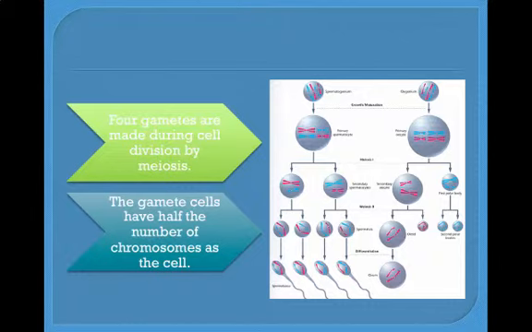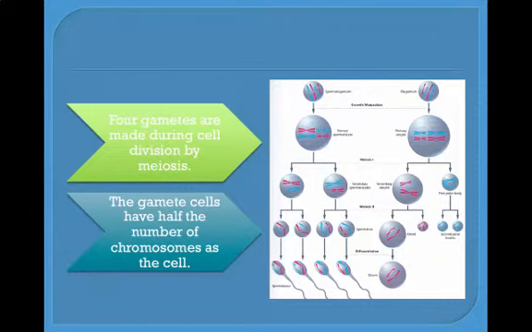Now in males, as you'll see in this picture, we produce 4 healthy sperm. And men will produce sperm their entire adult lives. Women, however, are born with a set number of eggs at birth. And after we reach puberty, we start ejecting those particular eggs.